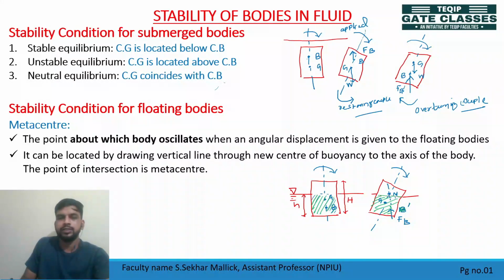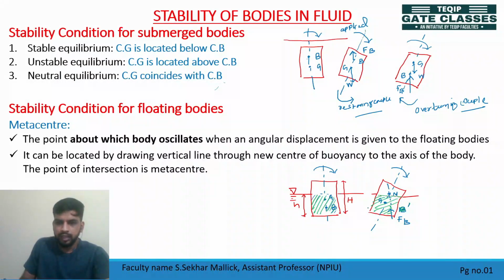That point is your metacenter. So it can be located by drawing a vertical line through the new center of buoyancy to the axis of the body. The point of intersection is your metacenter. So the body oscillates about this point.